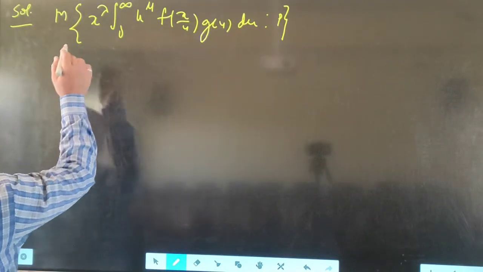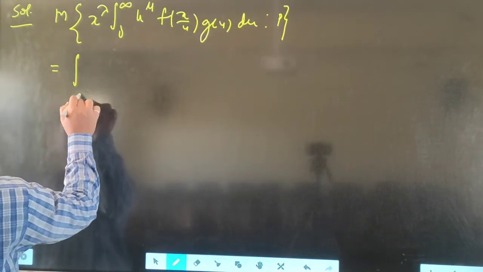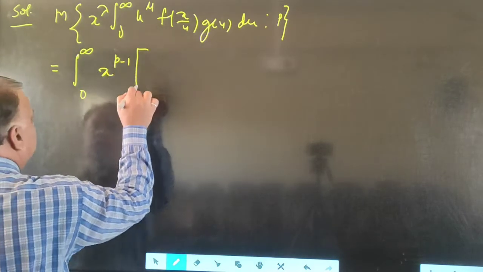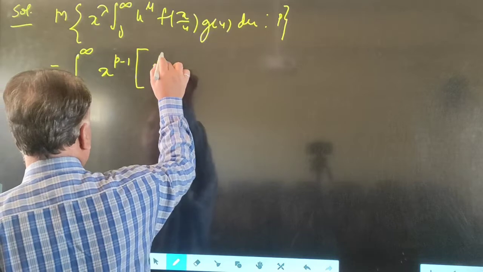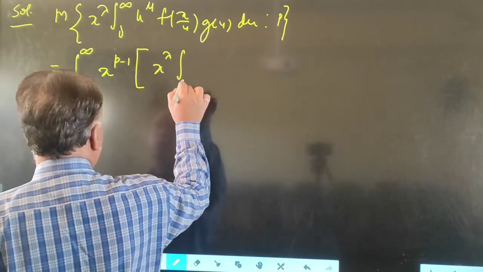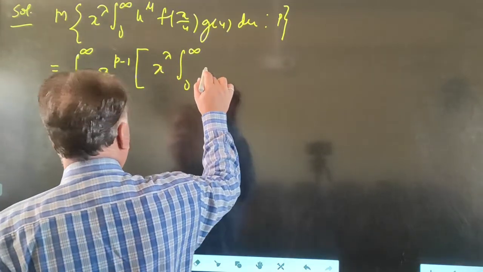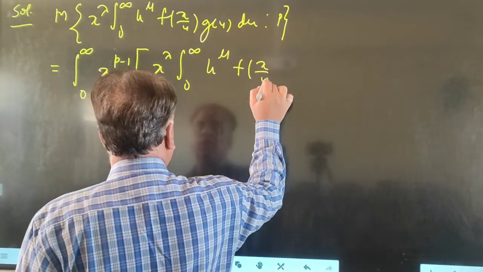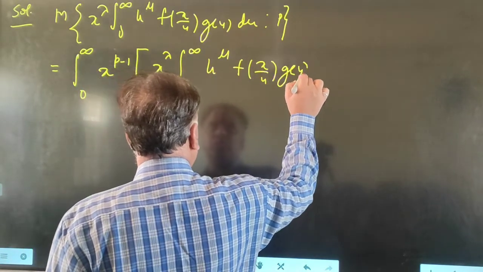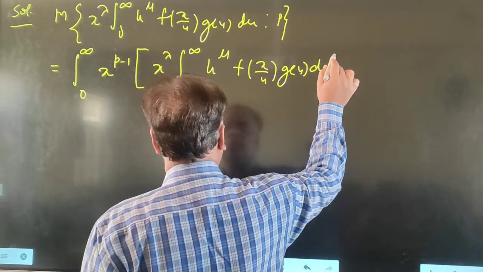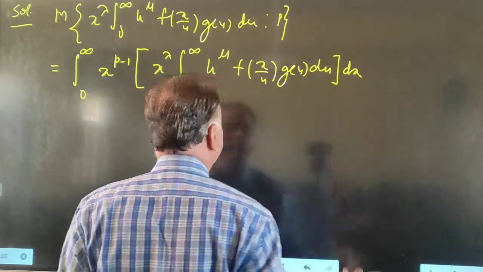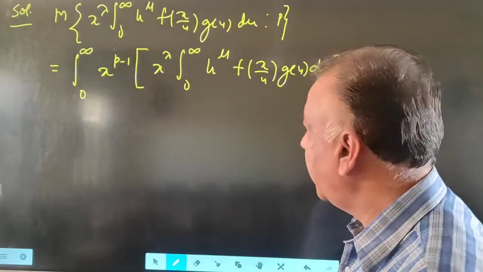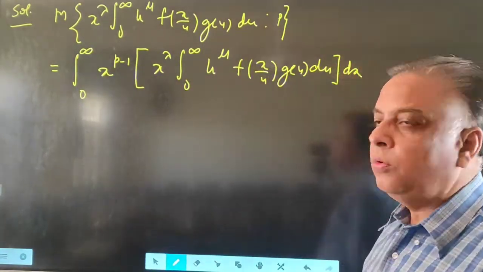Now by the definition of the Mellin transform, this is equal to integral 0 to infinity x raised to p minus 1 and the function x raised to lambda integral 0 to infinity u raised to mu f of x upon u g of u du dx. Here first we integrate with respect to u and then with respect to x.